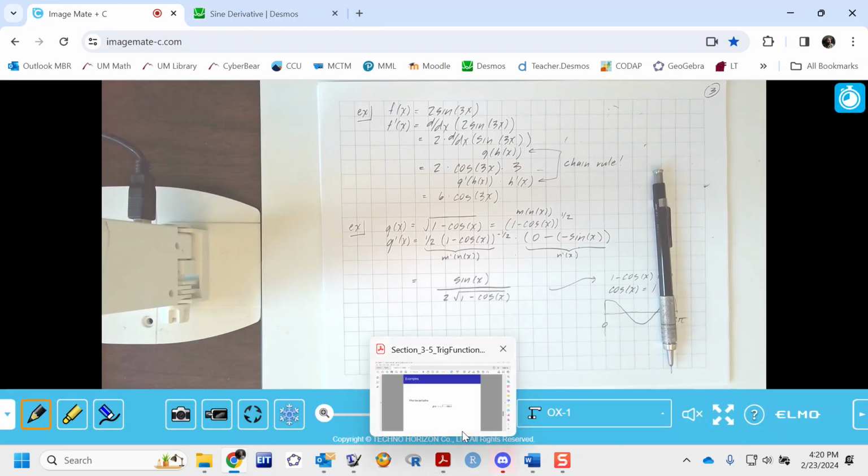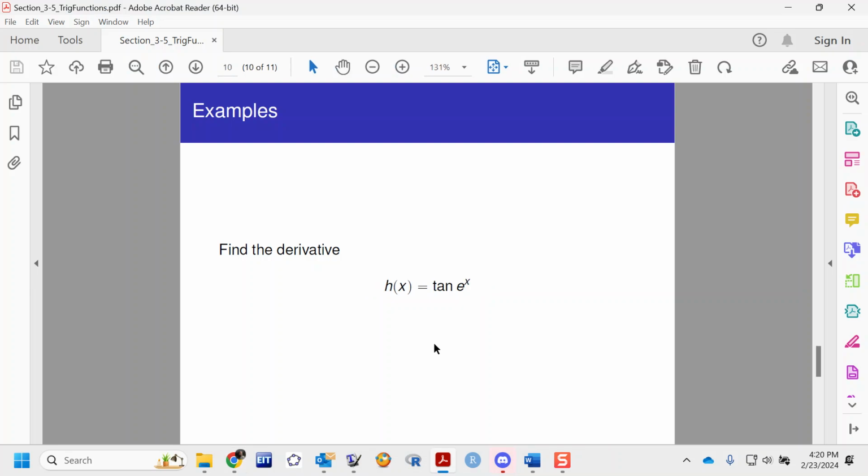Let's go ahead and look at one more example problem. How about the tangent of e to the x? So let me write this thing down first. If I call it h of x equals the tangent of e to the x.